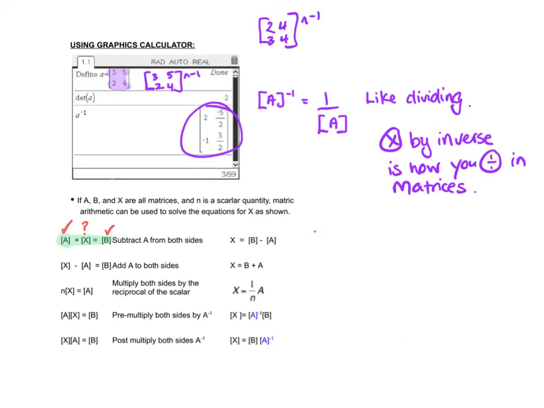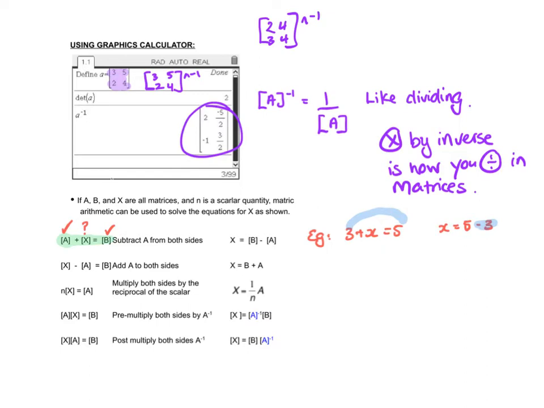Now, if I wrote a little equation like this, if I had 3 plus X equals 5, you would solve it by going X equals 5 minus 3, wouldn't you? You move the 3 on the other side. Do you remember doing all that? Yeah? So you move that on the other side, and it becomes -3.